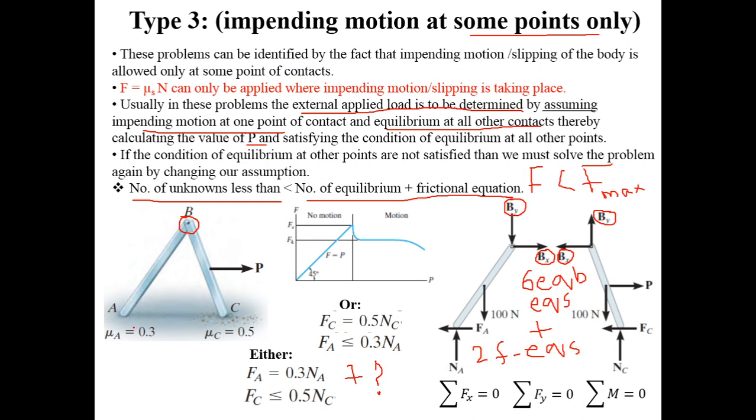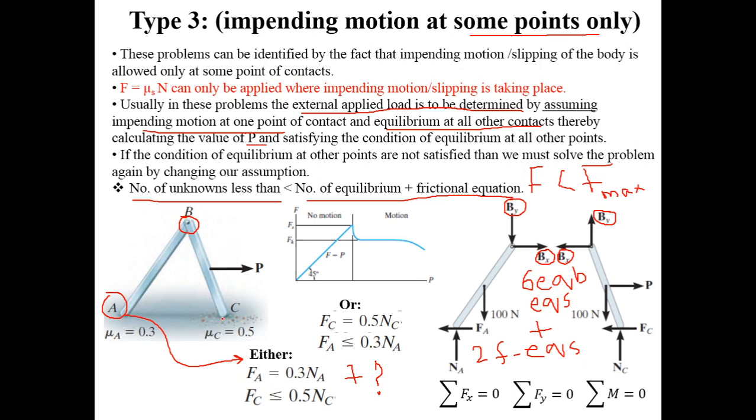that you can either use F equals to mu N at point A, okay, and if you are using F equals to mu N at point A, this means that you are claiming that when this load P is applied on this member, this frame, point A will slip first and point C will remain in equilibrium.